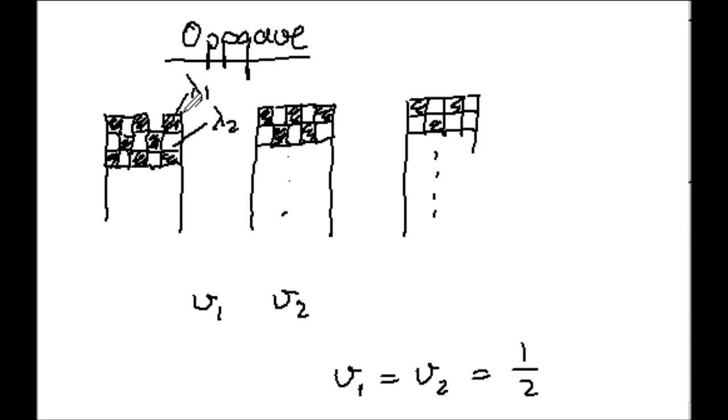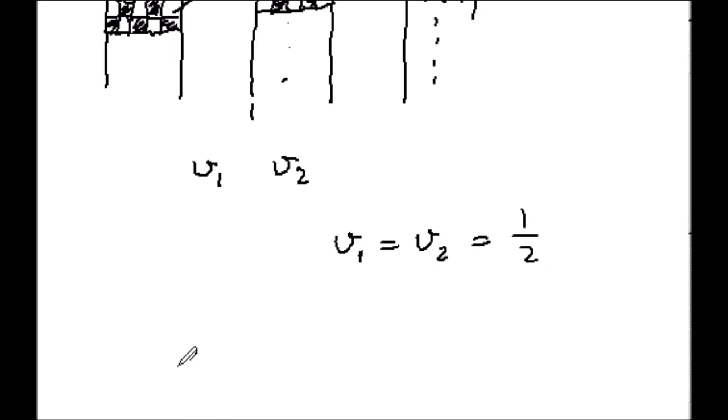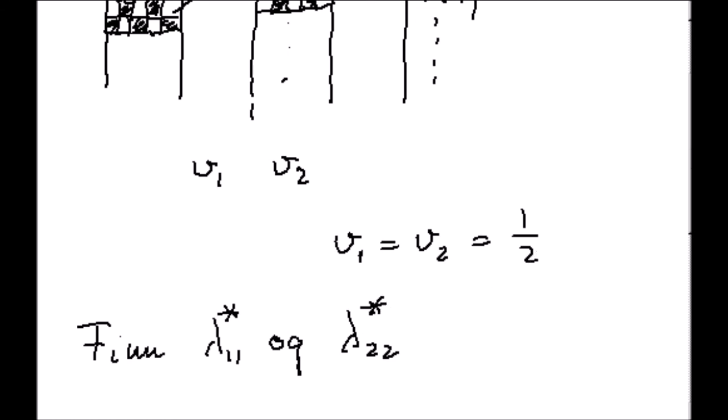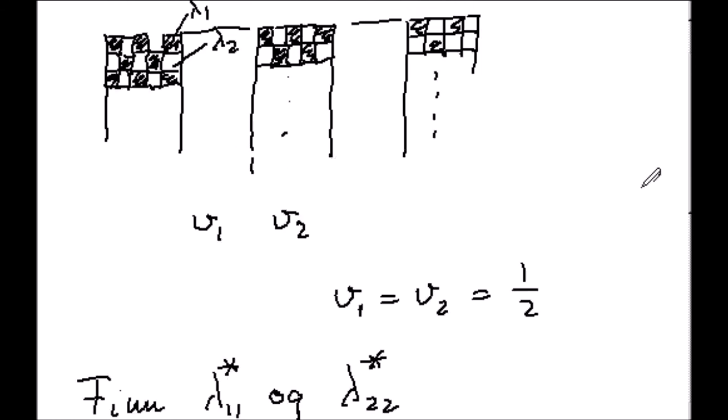So what I suggest that you should do is just to compute the effective conductivities of the total structure. What I mean by this is this lambda 1 star and lambda 2 star. Because of symmetry, the off-diagonal element is equal to 0. We use exactly the same method as before, but try to do it yourself. Go first to the inner level and find the effective conductivity of that level, and continue with the second.